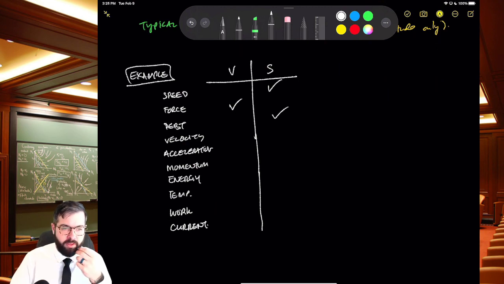So which have both a magnitude and a direction and not just a magnitude?